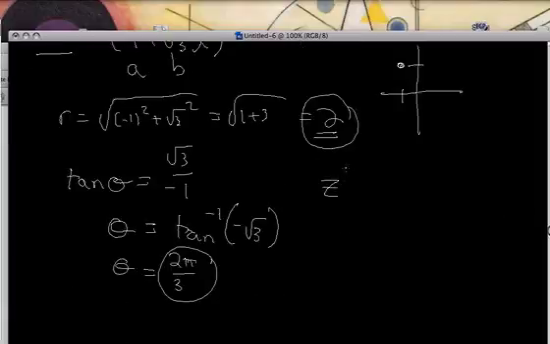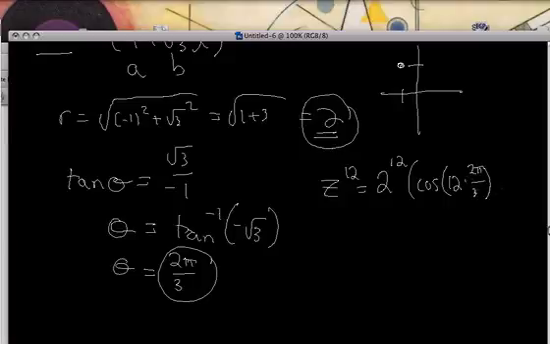So we're looking at z to the 12th power. That's going to be r to the 12th times cosine of 12 times 2 pi over 3, plus i, I'm running out of room here, times sine of 12 times 2 pi over 3.